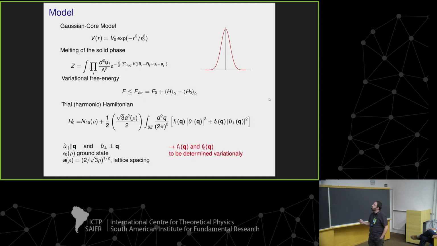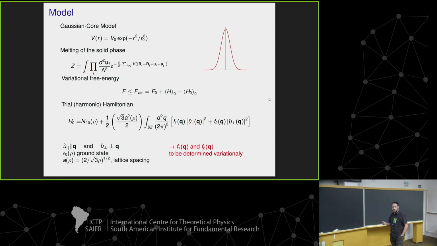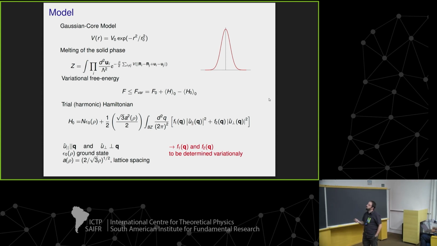So the Gaussian-core model is a soft-core repulsive interaction, a pairwise interaction. We want to study the melting of the solid phase, so we write the problem in terms of the deformation field around the equilibrium positions of the particles in a hexagonal crystal.